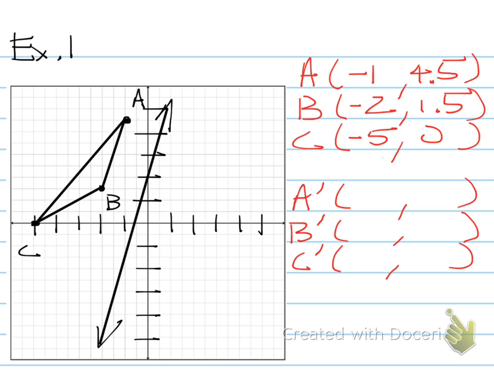So if you approximate the location of the image, then you'll get a coordinate right about here, a coordinate right about here, and another coordinate right about here.